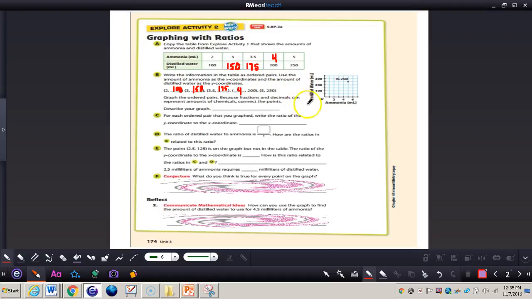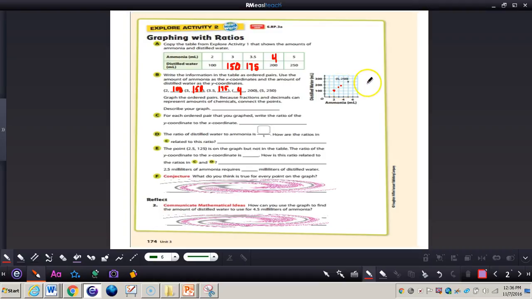So we know that we have, first of all, 2 to 100, so 2 and then 100 here. Let's graph that. We'll plot that point right there on our graph. The next one, 3 and 150, so we go 3, and then we can see between there is 150, and now we have 3.5 to 175, so we go between the 3 and the 4, and then 175 would be between the 200 and 150 line.